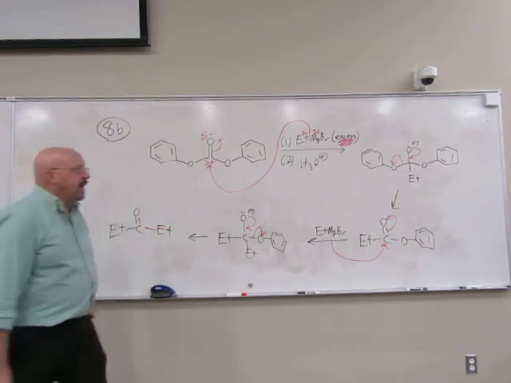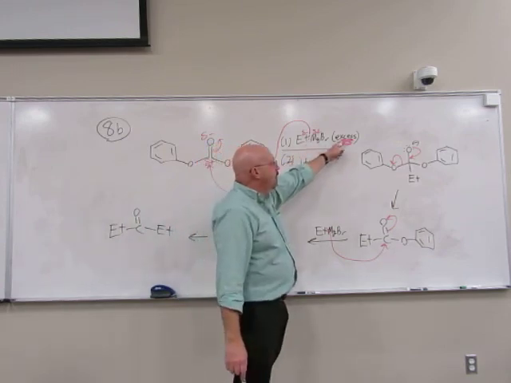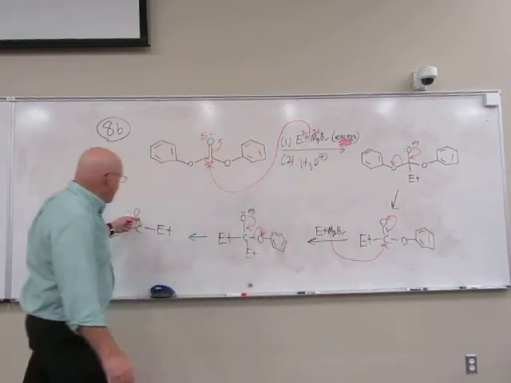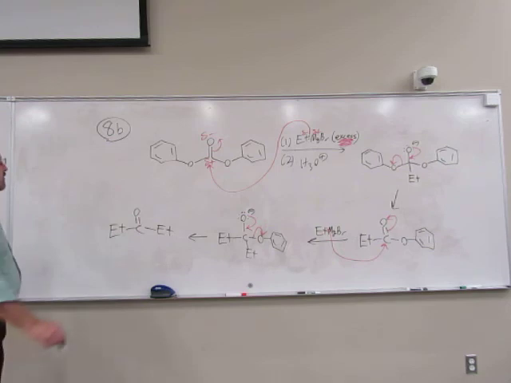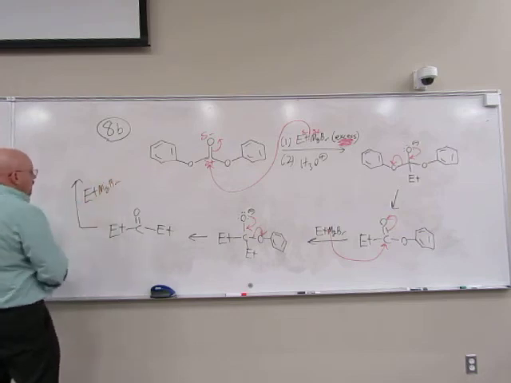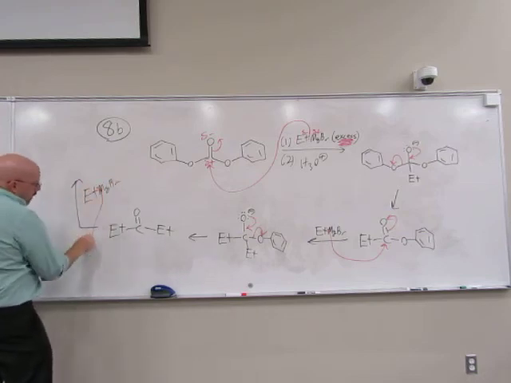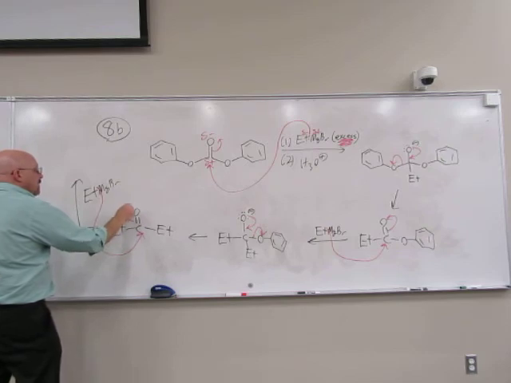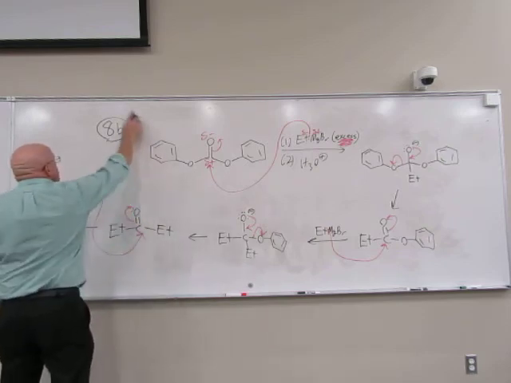Now remember, there was an excess of the ethyl magnesium bromide, so there's plenty around. And I have another carbonyl again. So this is going to go again. Ethyl group attacks the carbonyl carbon, kicks the electrons up onto the oxygen.